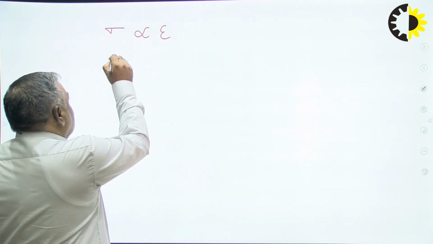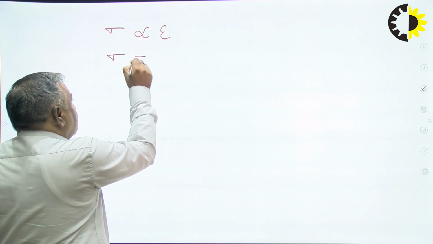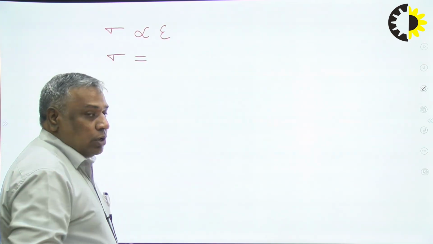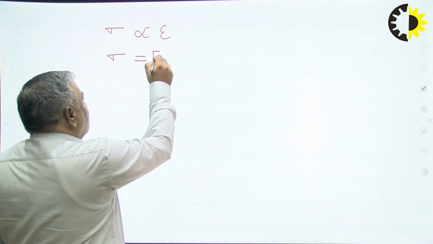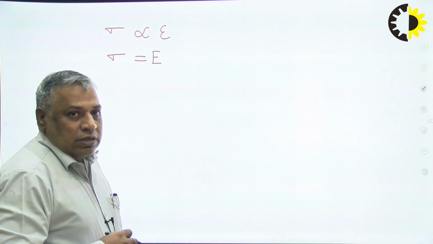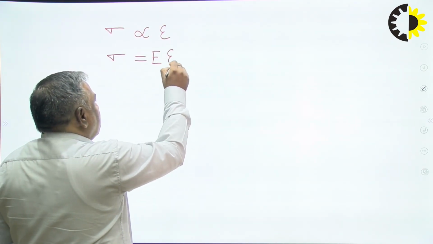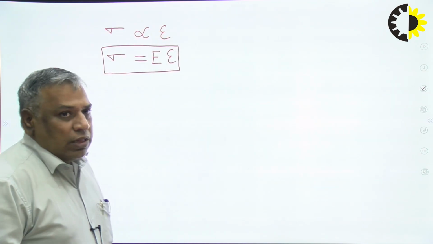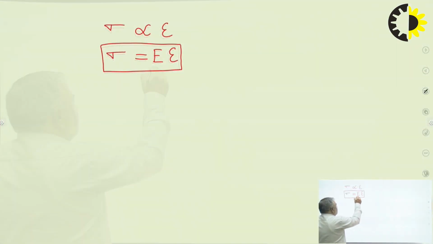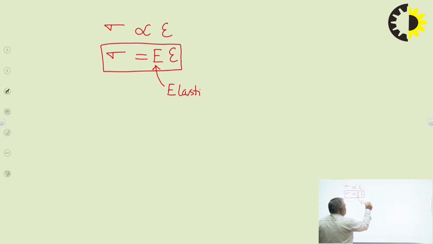If I want to convert this proportionality sign into equal, I have to introduce one constant of proportionality, normally signified by E. All of us are well aware of this relation. Now this proportionality constant is a property of the material, and we call it an elastic constant of materials.